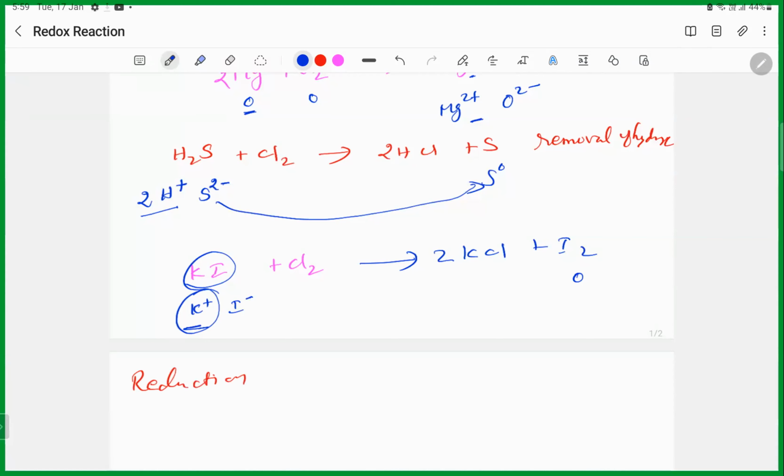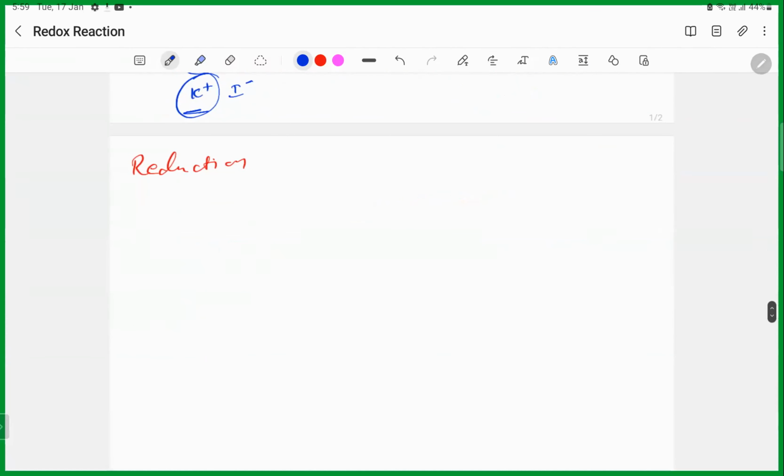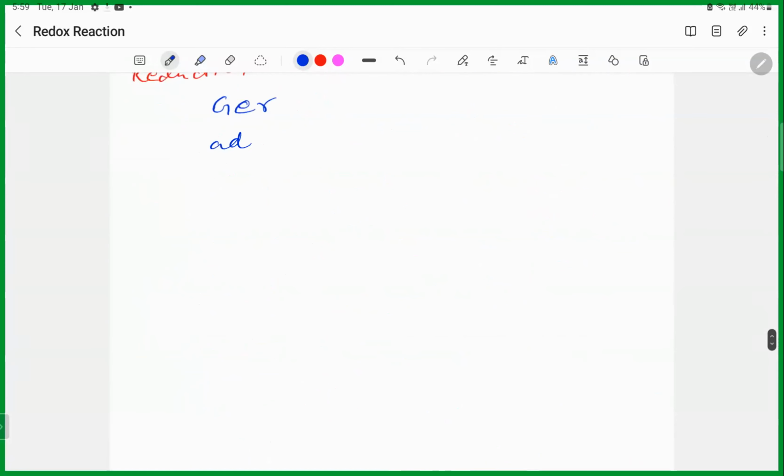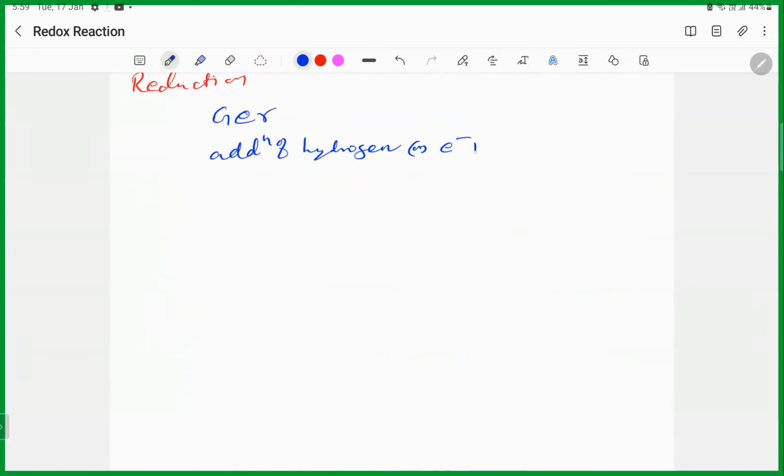According to the classical concept, reduction is a process which involves gain of electron, and addition of hydrogen, or electropositive element, or removal of oxygen or electronegative element.